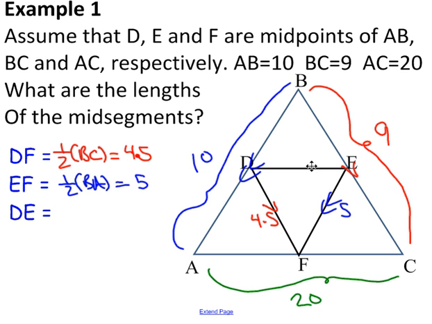Now DE. DE is parallel to AC. So DE will be half of AC, which means that DE will be 10.